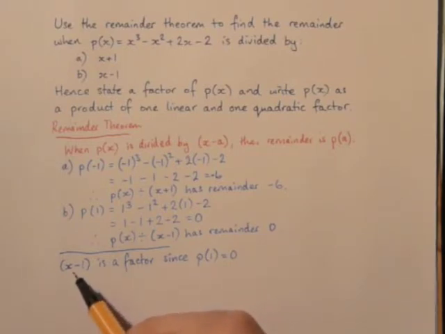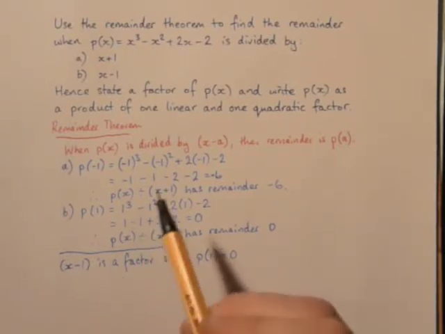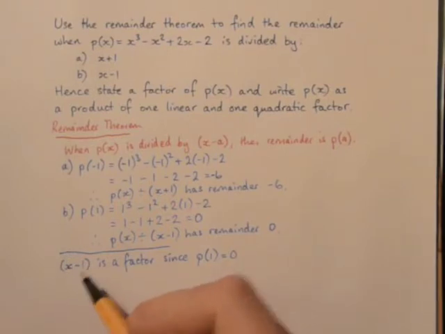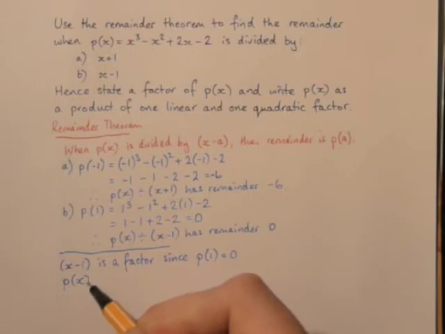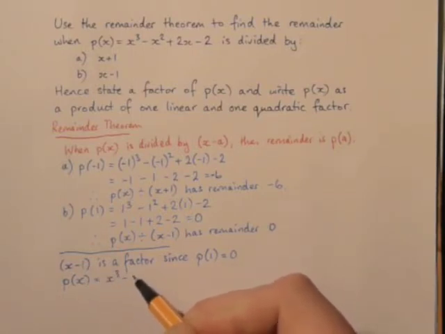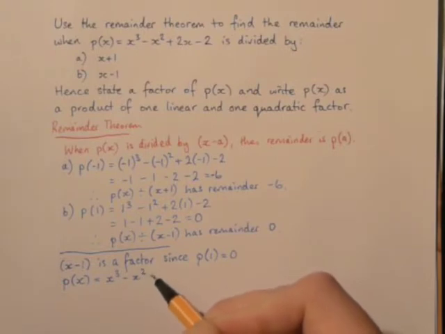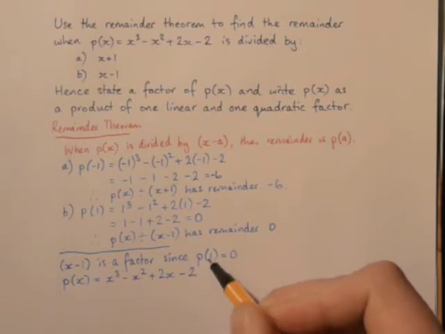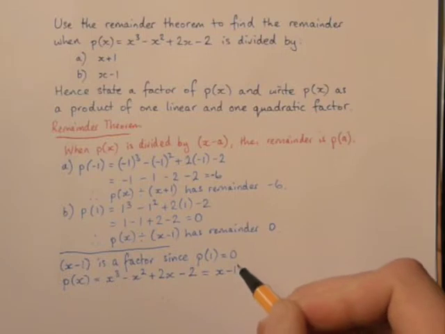Okay, so we've got one factor, and it would like us to write p of x as a product of one linear and one quadratic factor. So let's write p of x out as x cubed minus x squared plus 2x minus 2, and let's try and get the quadratic factor by reverse multiplication.